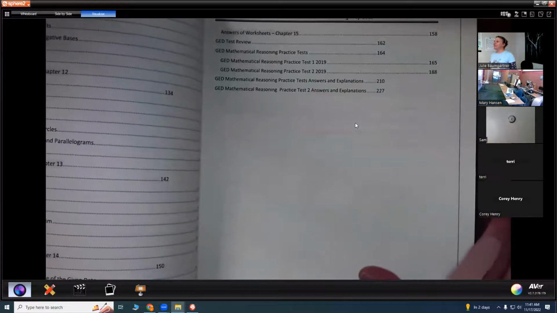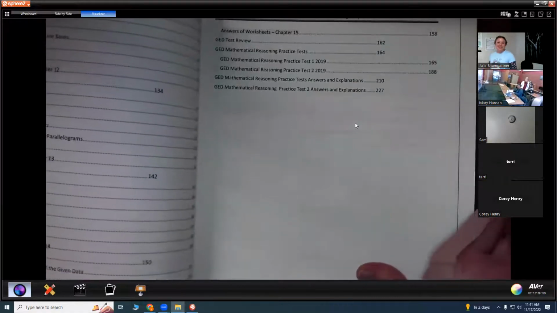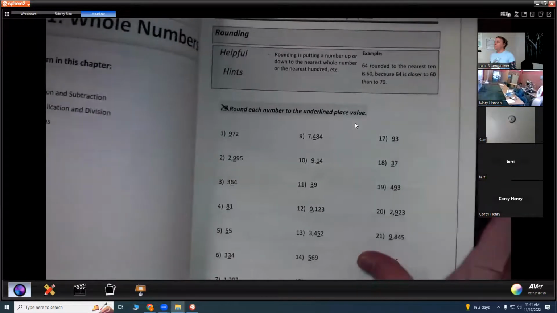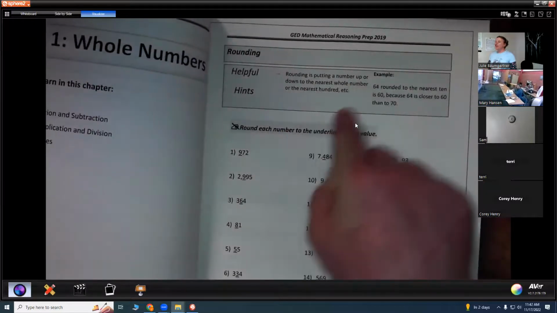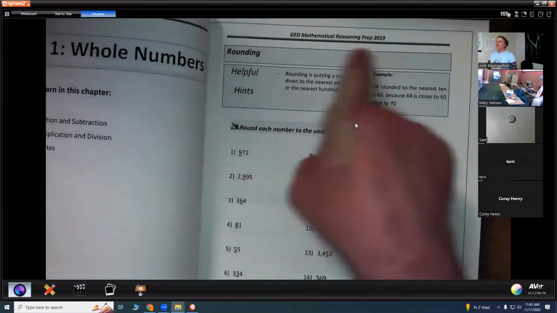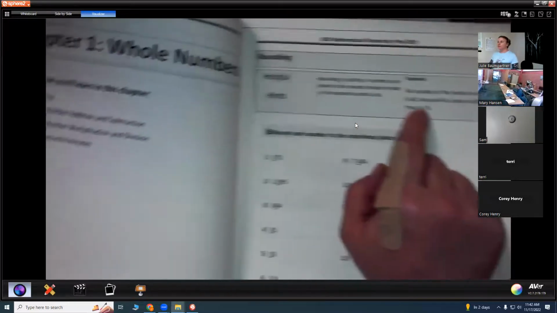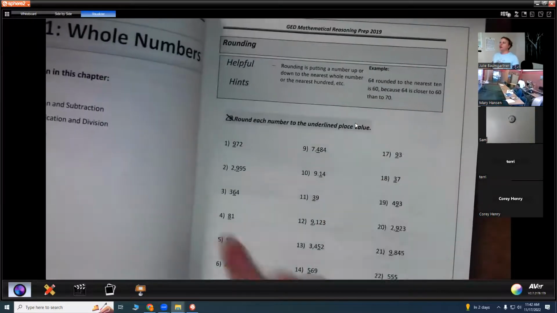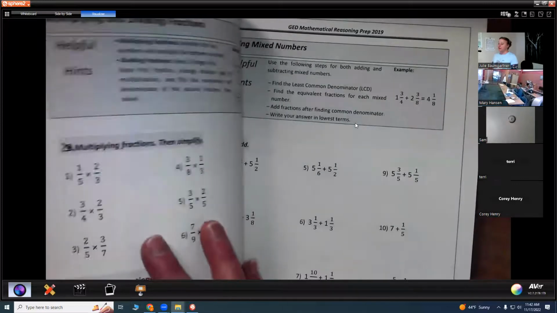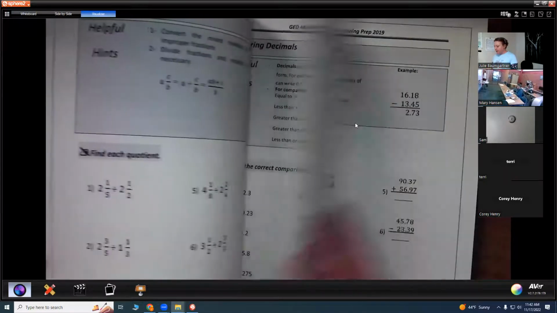They don't have a lot of information, but at least try to give you the short and long of things, and then lots of practice. At the end of each chapter are the answers.